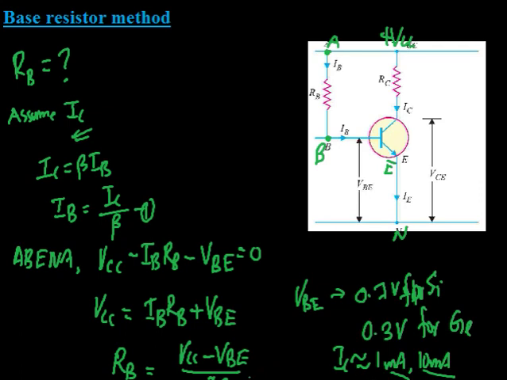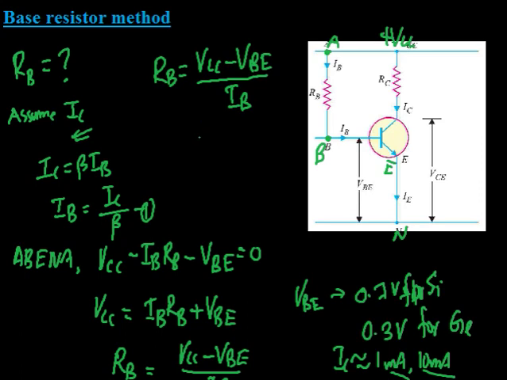So from here we will get the value of RB. This RB will ensure the conditions for faithful amplification. From this equation, RB is equal to (VCC minus VBE) divided by IB, and you know that VCC is very much greater than VBE.